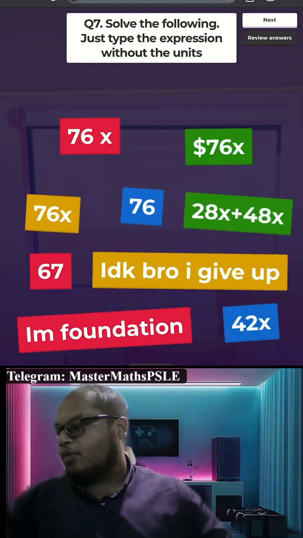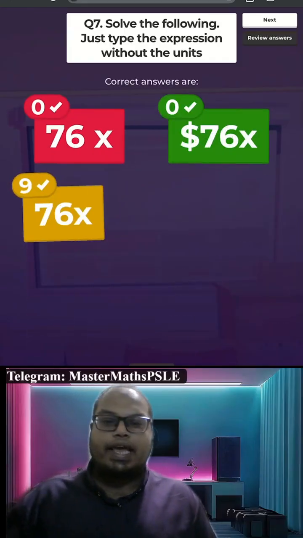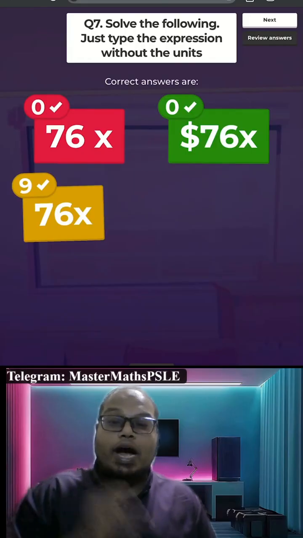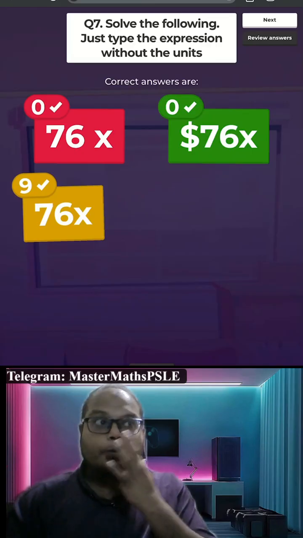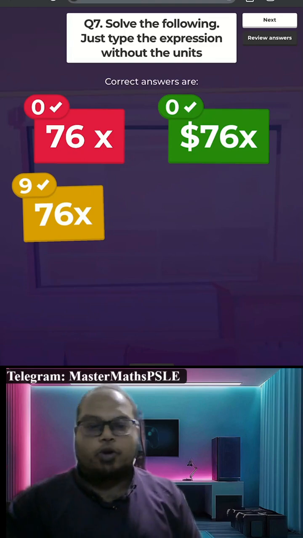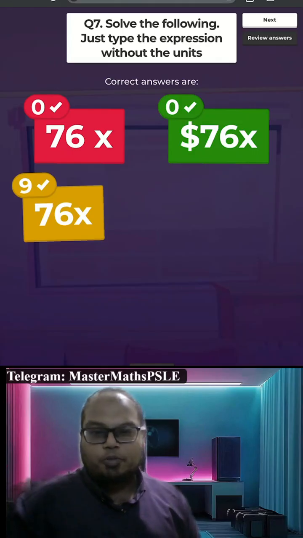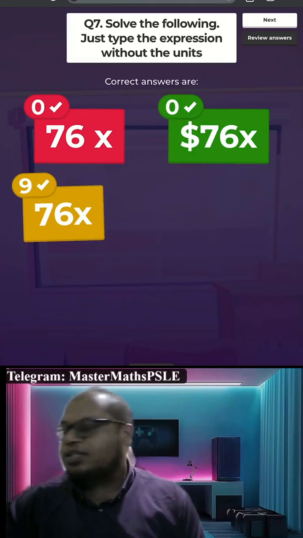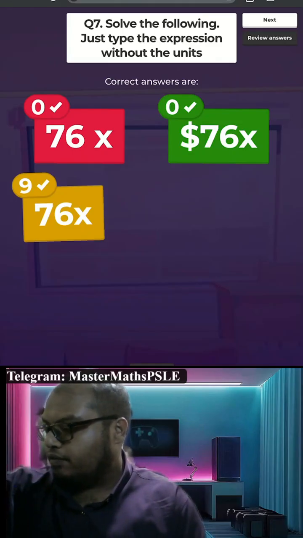Oh, actually that person who put 28x plus 48x, you are very close. In case anybody put a dollar sign, I just go and put a dollar sign there also, but actually you don't need to.